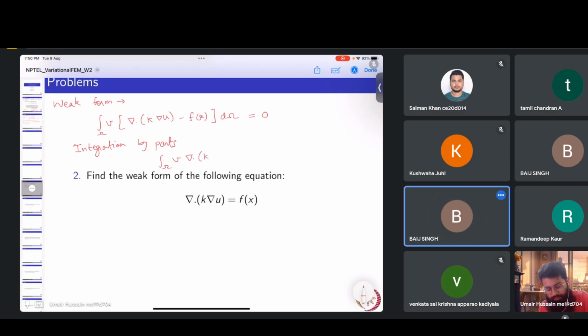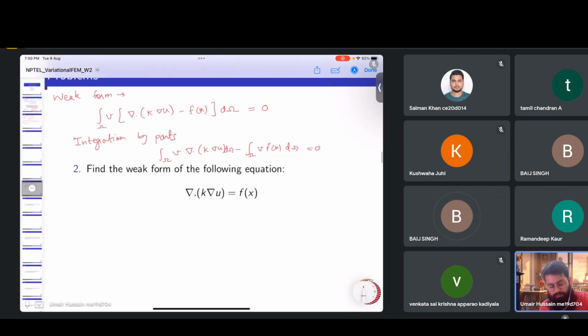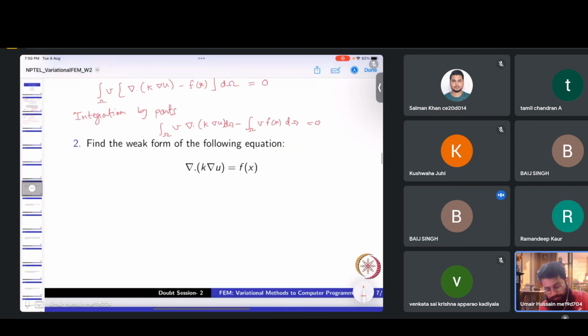It's only the first term that we do integration by parts on. The basic trick in doing integration by parts is we shift this derivative operator here. The integral term that we get is written with a minus sign: gradient of v dot kappa times gradient of u. And then we have a boundary term.